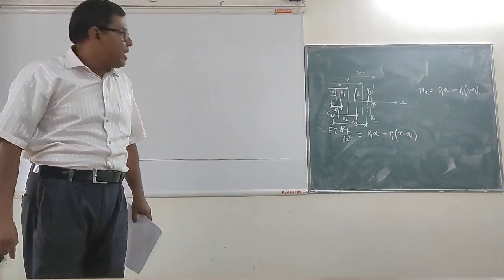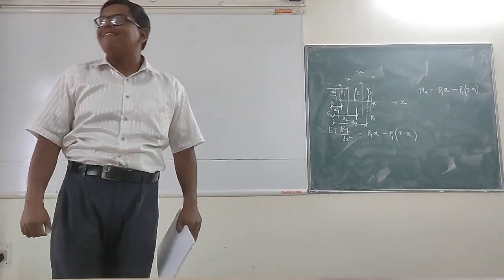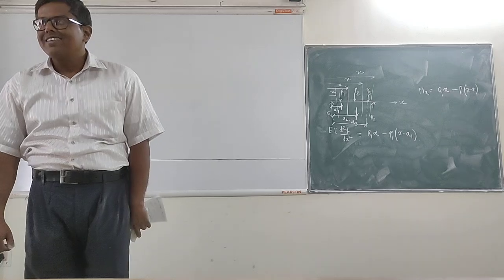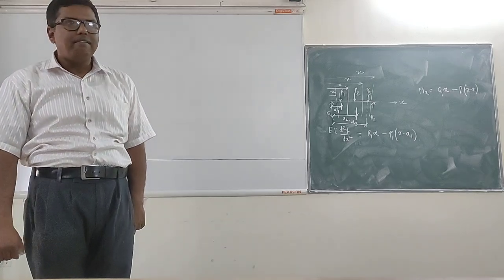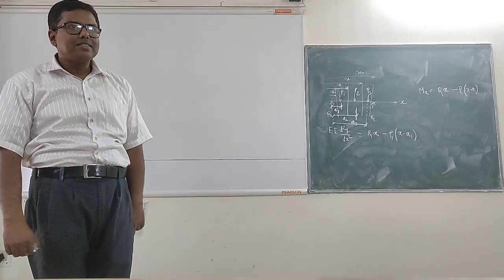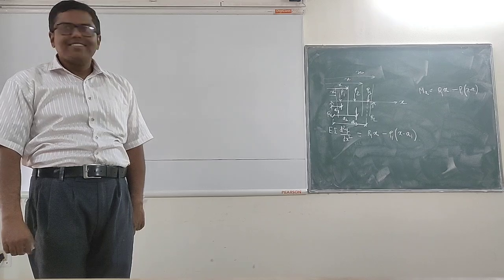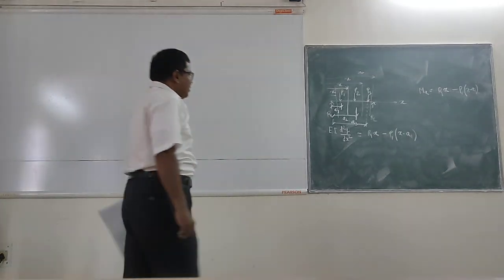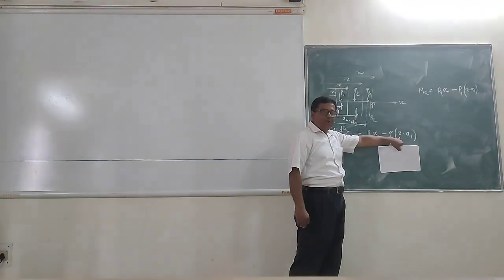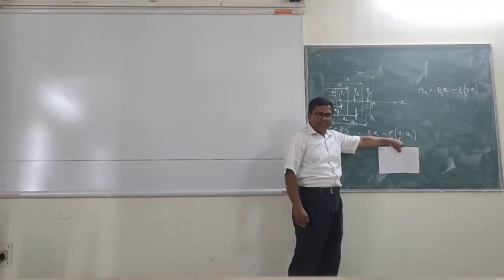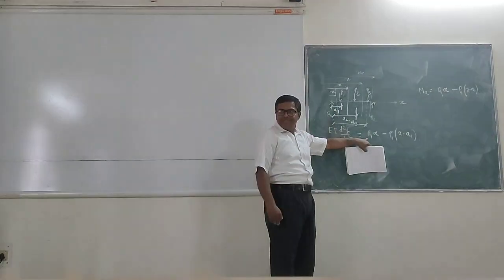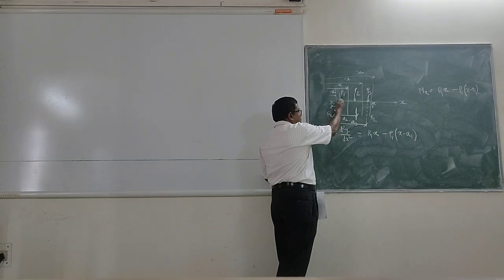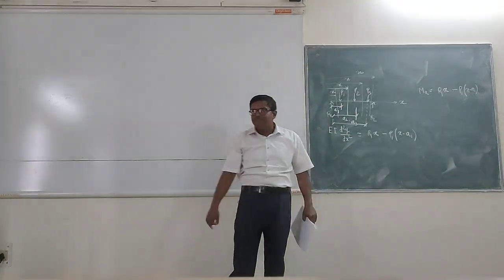Now I tell you one thing. Suppose X is equal to A1. What happens? The P1 term is eliminated. If X is equal to A1, I am getting the moment equation up to just before this point P1.